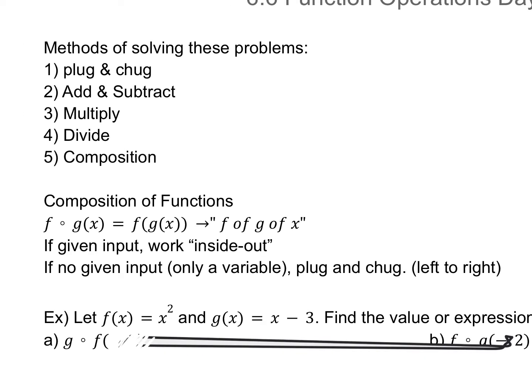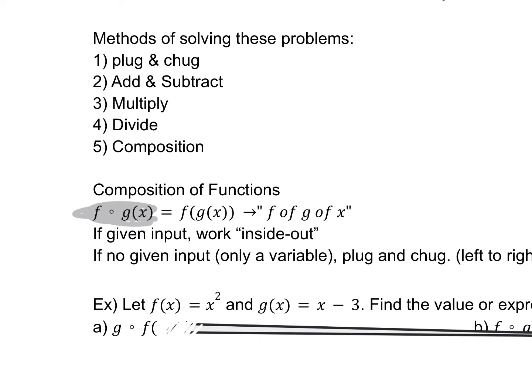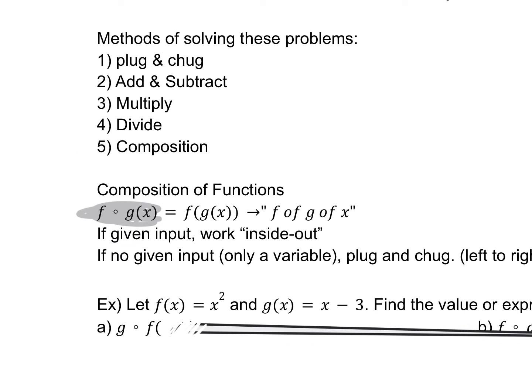So there's a few different ways you can write it. Here is one way, right here, and all of them are pronounced the same thing, f of g of x. So you can write it this way, you can write it this way, so f of g of x still. And then the other way that you'll probably see on the homework is like the first way, except it has some parentheses.